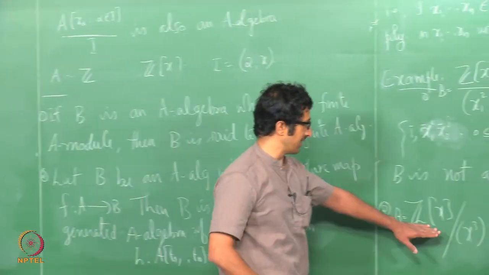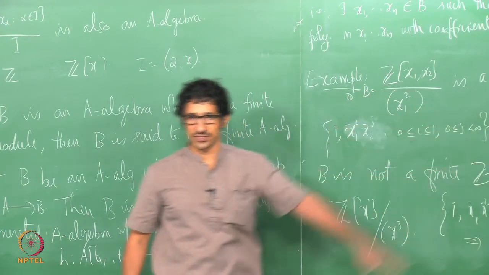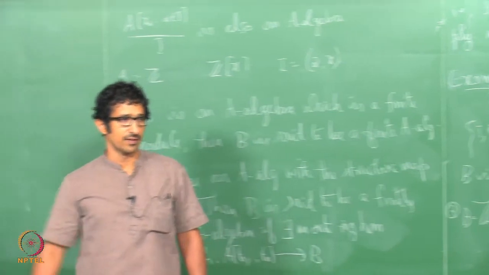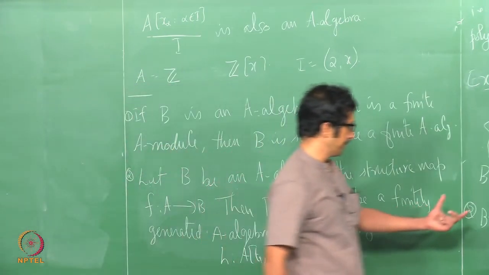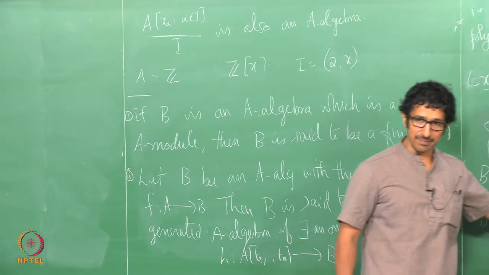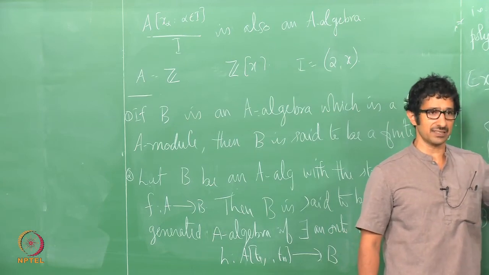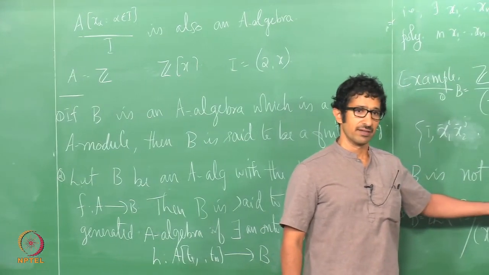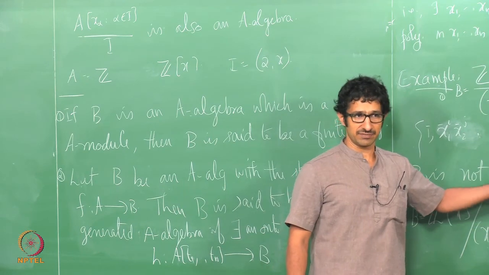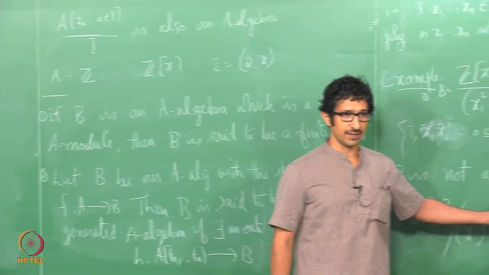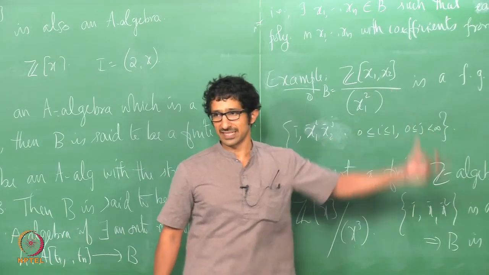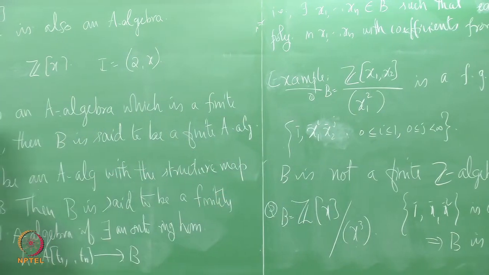If it is a finite A algebra, it is automatically a finitely generated A algebra, because here we have finitely many elements whose linear combination gives the whole ring, and that automatically gives all polynomial combinations.